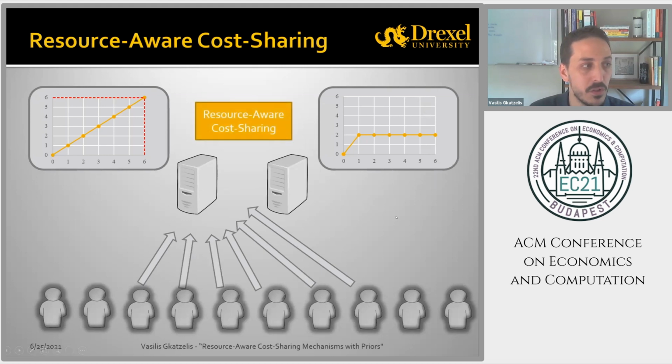These mechanisms can observe what other resources are in the system and their cost functions, but they are not aware of any players other than the ones that decided to choose that machine. The whole difficulty is how to design a resource-aware mechanism, despite the fact that each machine cannot see what other users are in the system, and nevertheless achieve a good price of anarchy with this limited, decentralized approach.